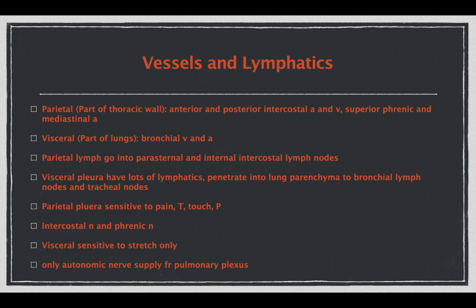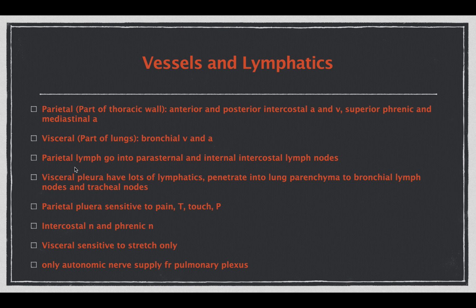So the parietal pleura is part of the thoracic wall, and it's going to be supplied by the anterior and posterior intercostal vessels, along with the superior phrenic and mediastinal arteries. And then the visceral part is going to be part of the lungs, so it's going to be supplied by the bronchial vessels.